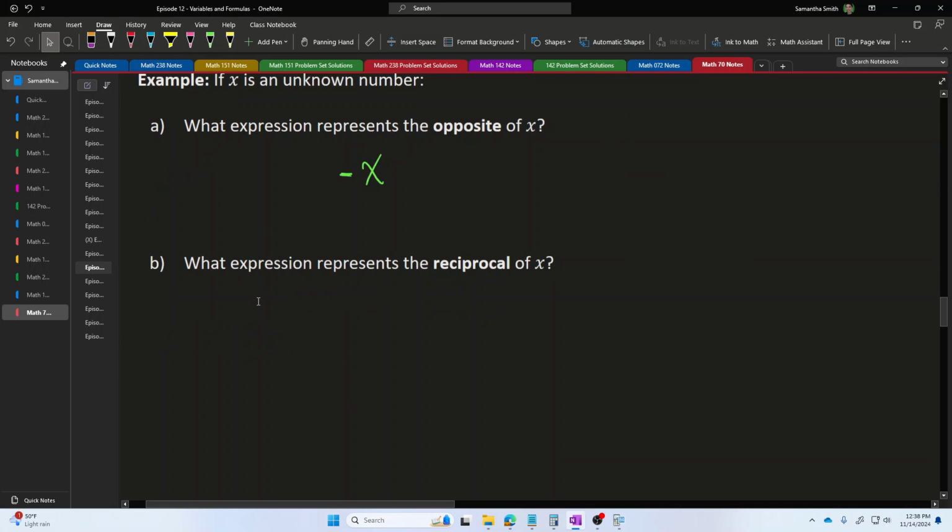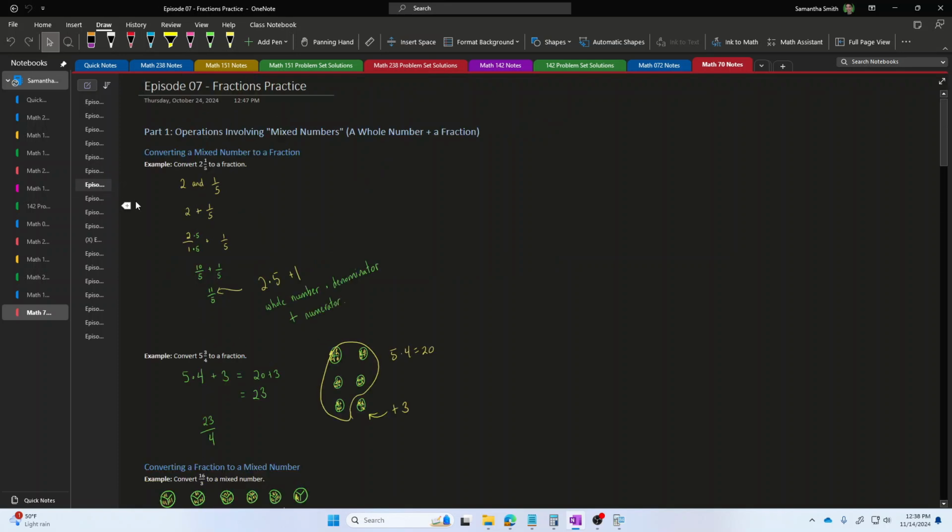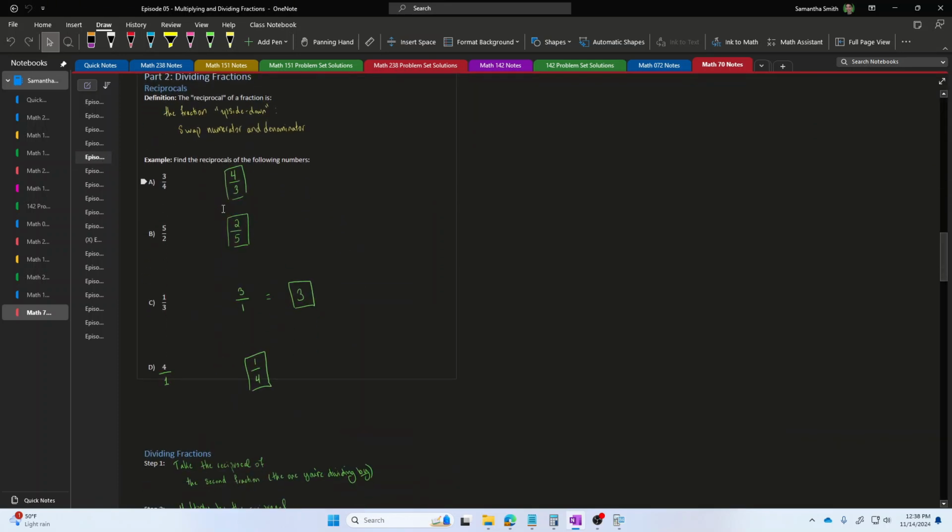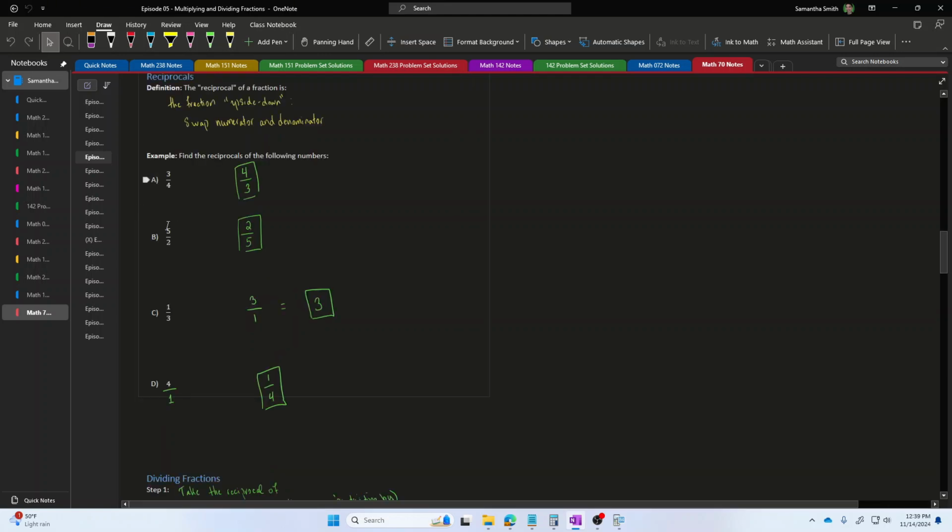As well, someone says, what is the reciprocal of x? What expression could I write down to represent the reciprocal of an unknown number? Now let's go back to episode 5, part 2, when we first talked about reciprocals.